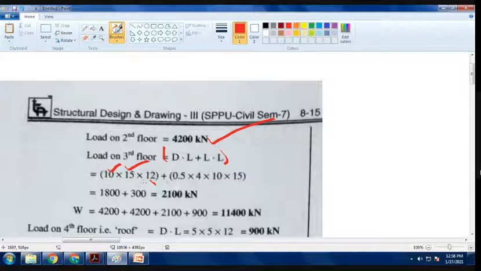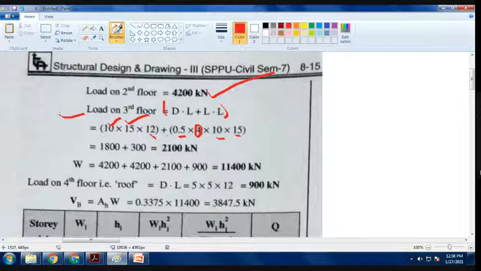The dead load he has given is 12. Then the live load is greater than 4 kilonewton, so we are considering only 50%, 10 into 15.